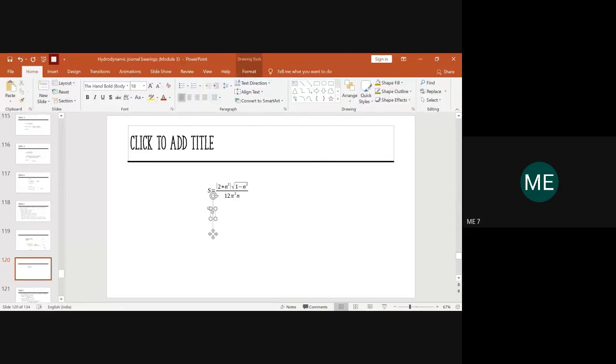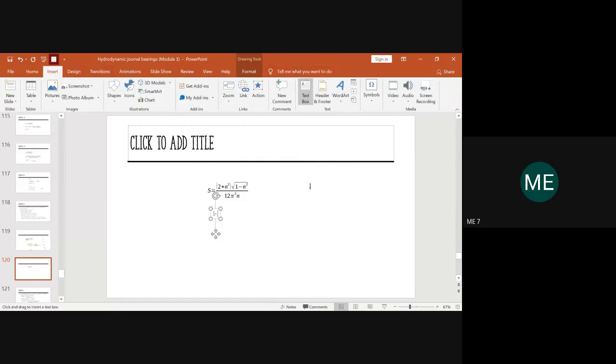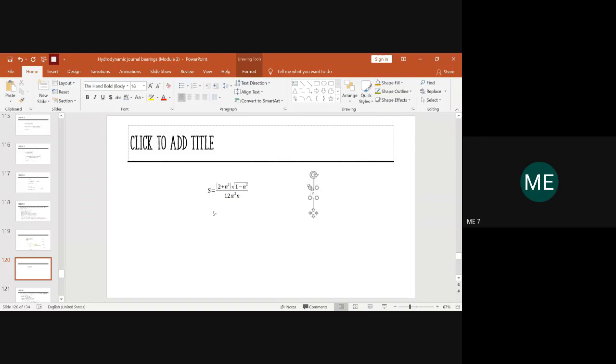Value of n, what you have to substitute here, is small n, it is 0.8. So substitute the value of n as 0.8 in the equation for Sommerfeld number and see what value you get.